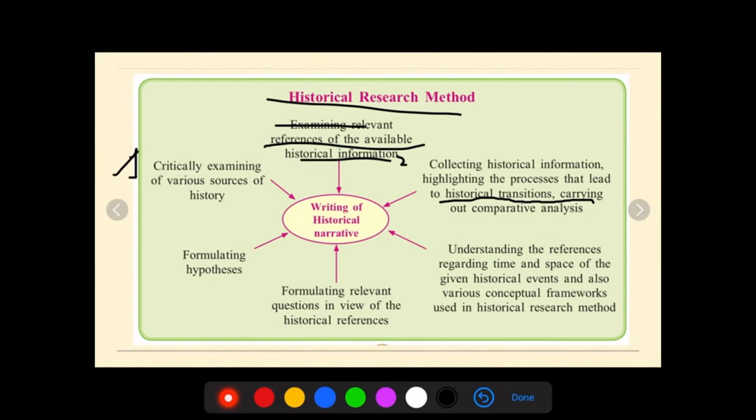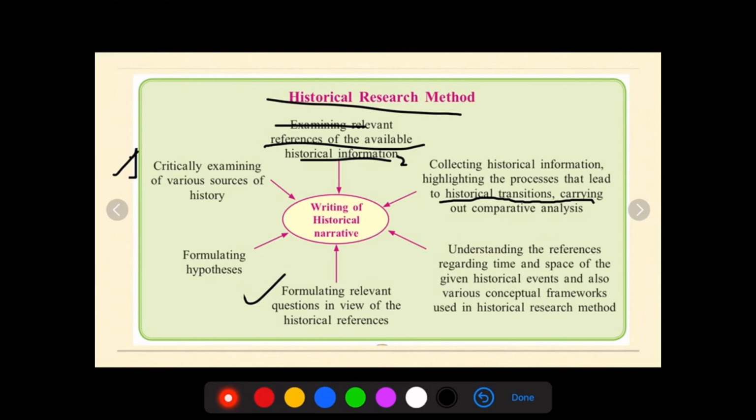Next is formulating relevant questions in view of the historical reference. Formulating questions is an important topic, because if all the questions are clear, we will certainly get a good output. For example, I ask whether this type of paper is from that period.